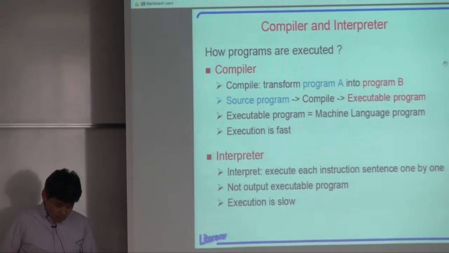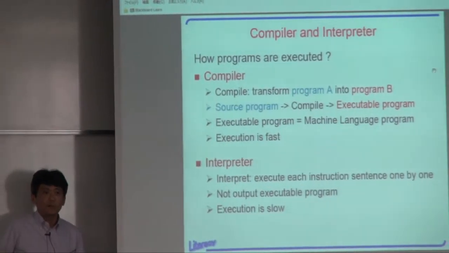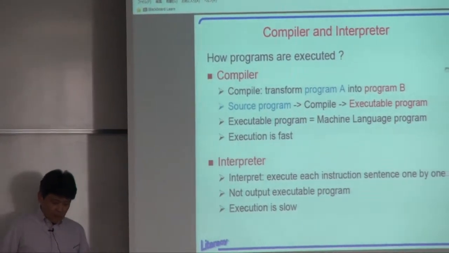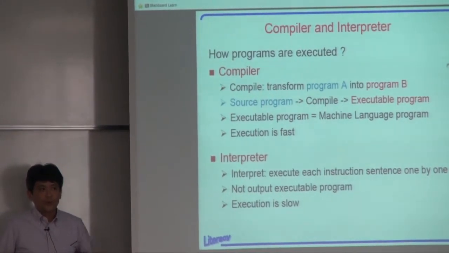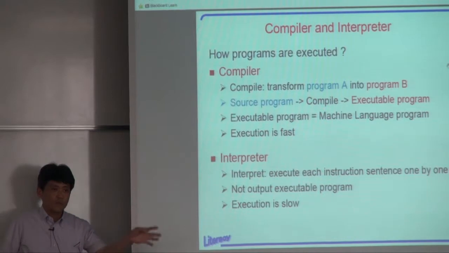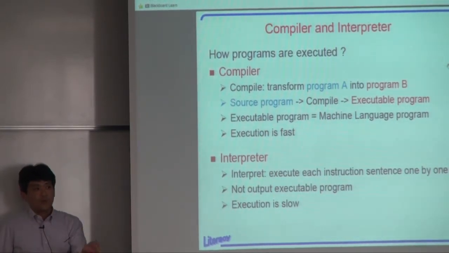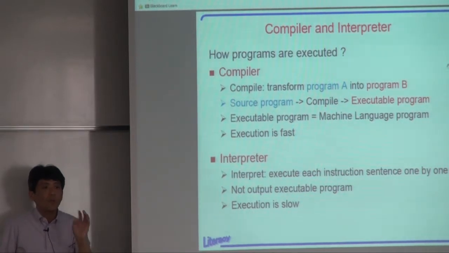Last week I briefly explained the difference between the compiler and the interpreter. The compiler is a dedicated program to transform the source program into an executable program. Once you change the source program into the executable program, after that you don't need the compiler program anymore.